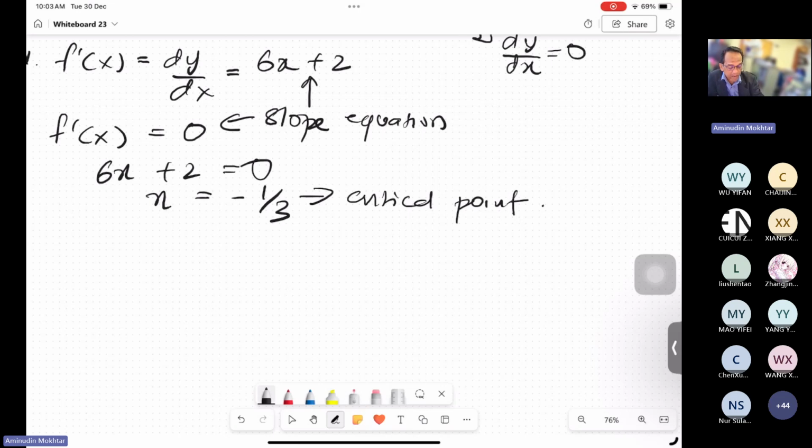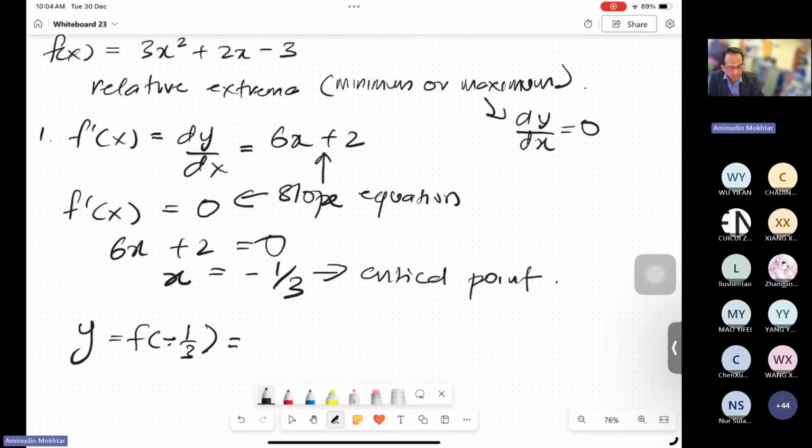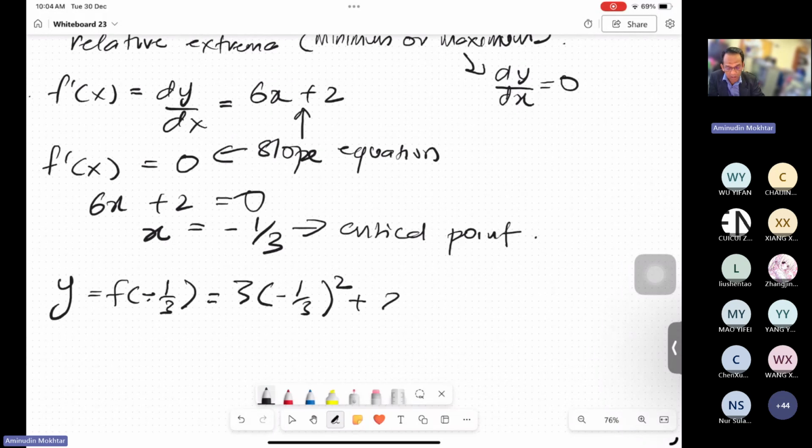Now the critical point occurs when x equals negative 1 over 3. So we need to find what is y. We just substitute x equal to negative 1 over 3 into the original function: 3 times negative 1 over 3 squared plus 2 times negative 1 over 3 minus 3.